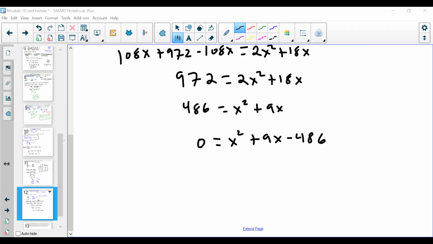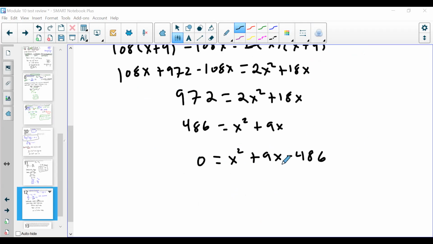And now I need to figure out what does that factor out into? Or you could use the factor or quadratic formula, whatever you want for this one. And it looks like what it ends up being is 18 and 27.